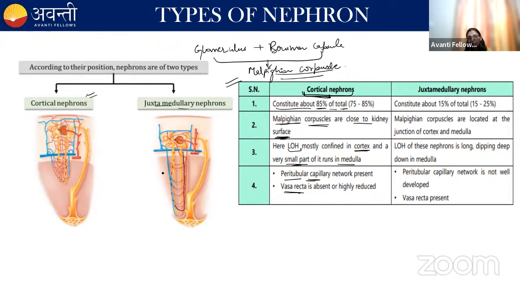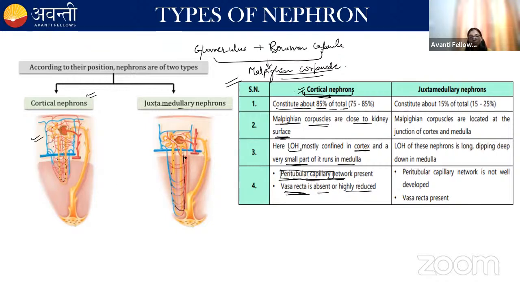So when the efferent arteriole forms a closed network around the PCT and DCT, this closed network is known as the peritubular capillary network. And you can see this in cortical nephron. You can see the blood vessels surrounding the PCT and DCT. So the peritubular capillary network is present in cortical nephron, but vasa recta is absent or highly reduced.